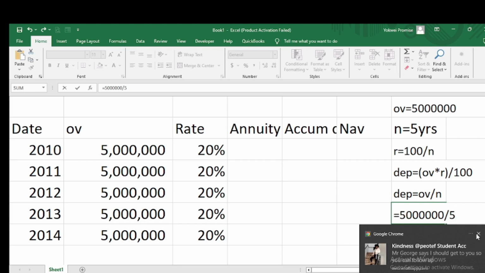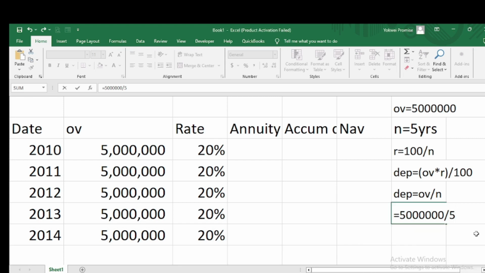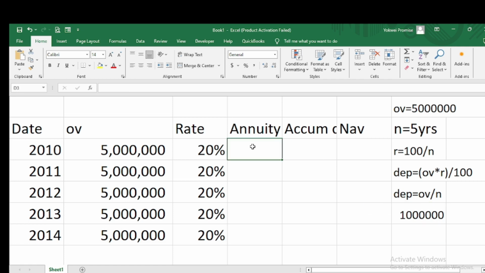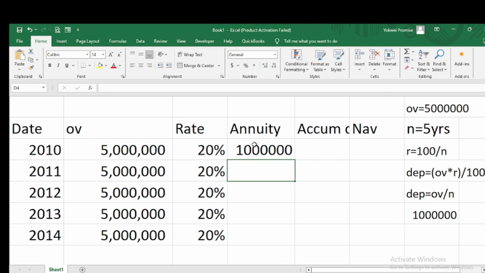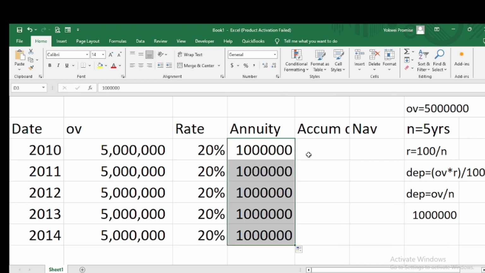We are going to have 1 million. So this is our depreciation, or we say our annuity. So annuity is 1 million. It's going to be the same all through. So what is going to be varying now is just our accumulated depreciation and the net accounting value.